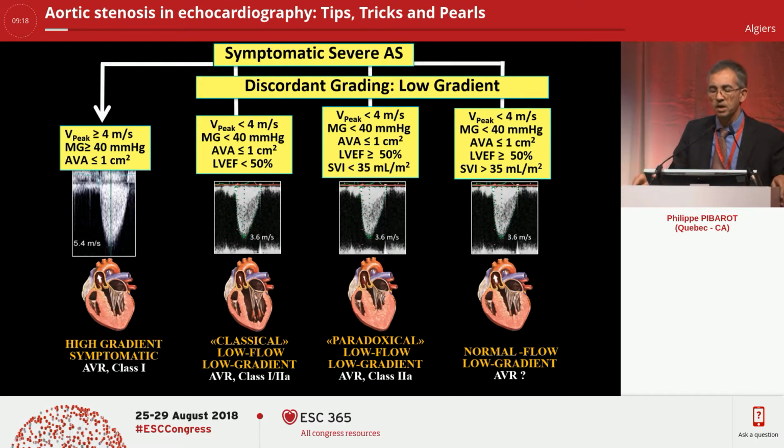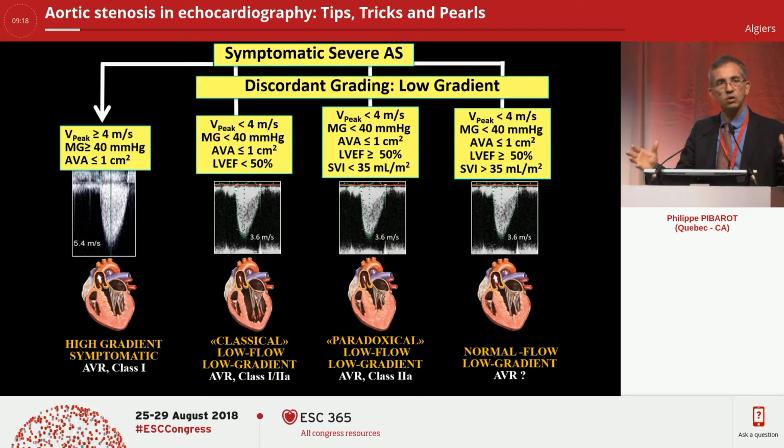This is easy. But up to 40% of the patients actually have a discordant grading at their echocardiogram, which is a valve area that is small, less than 1, consistent with severe AS, but with a low peak jet velocity and a low gradient, consistent with non-severe AS. And you have three subtypes of patient in this discordant grading with low gradient.